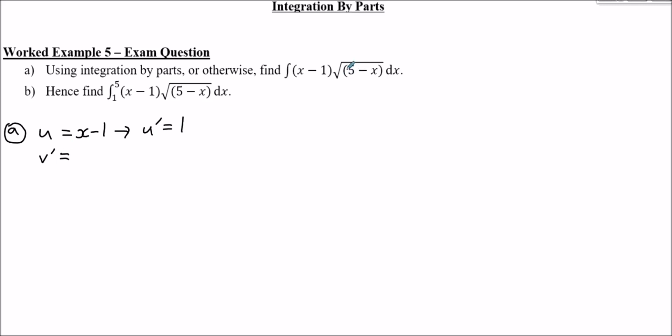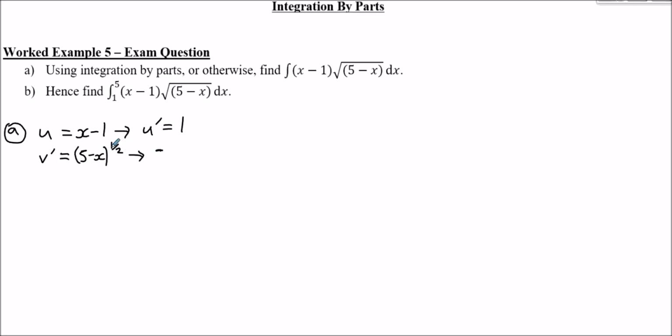I'm going to write this as 5 minus x to the power of a half. In index form, it's easy to see what things will integrate or differentiate to. This one, we could use a u substitution to do it. Be my guest if you're not sure. I'm going to skip this step out now and just integrate by what I call inspection, essentially. If you're not sure where this is going or why I'm going to write this next, just revise your u substitutions or reverse chain rule. But essentially, because this is a minus x, we're going to get a minus at the front.